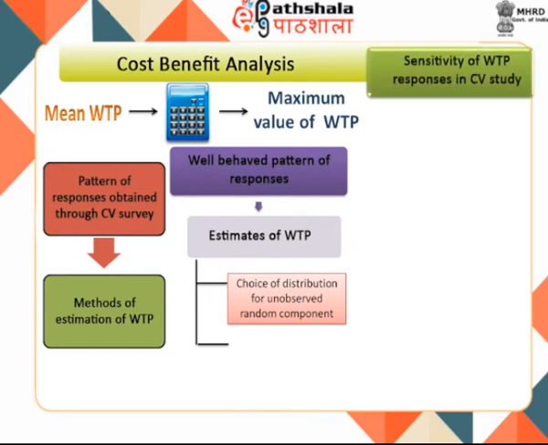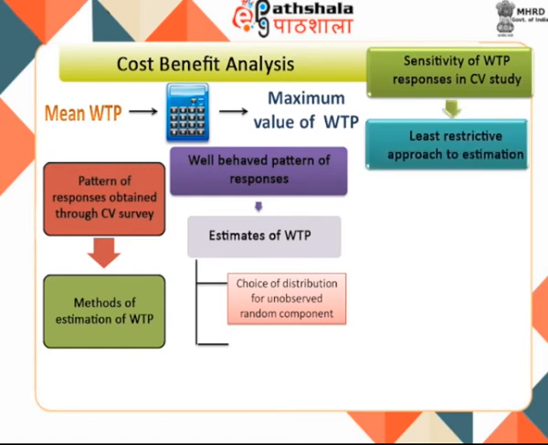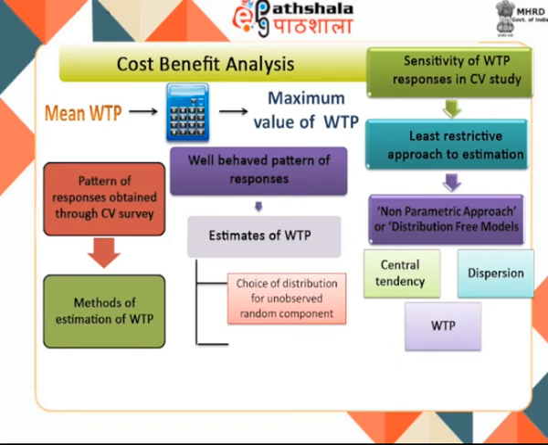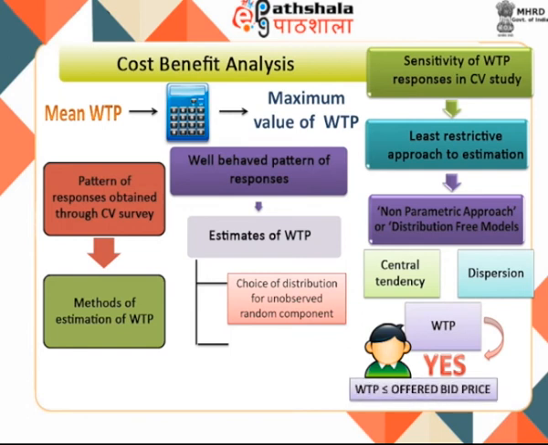The sensitivity of WTP responses in CV study calls for a least restrictive approach to estimation set in non-parametric approach or distribution-free models. These models measure central tendency and dispersion of WTP based on a particular notion that a respondent's choice of yes to a contingent valuation question implies that WTP does not fall below the offered bid price.